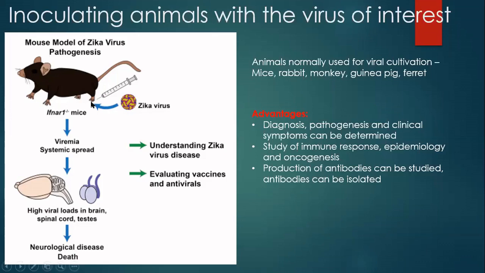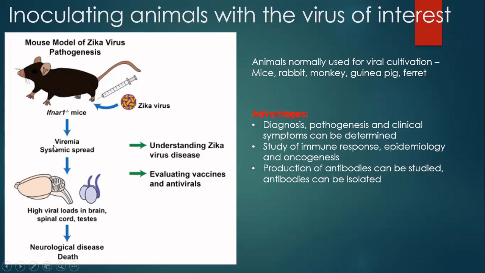So in this diagram, Zika virus, in this example, is inoculated into mice. Now, within the mouse, the virus will start destroying the cells. It moves in the blood to different organs.